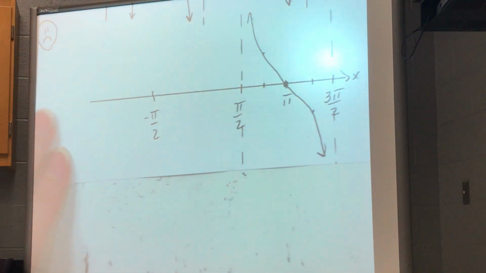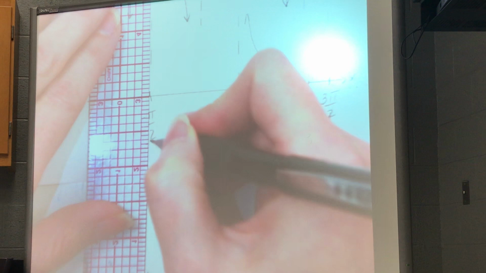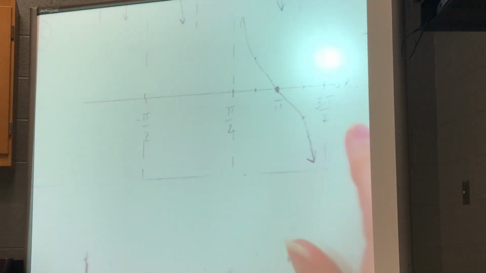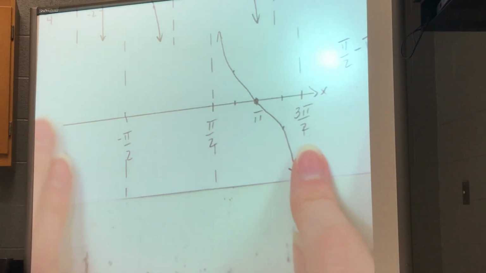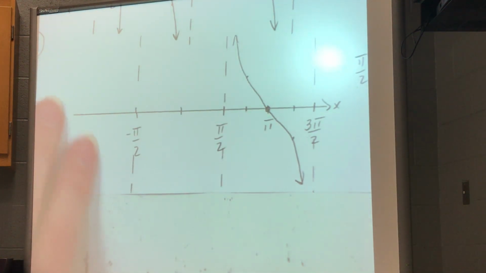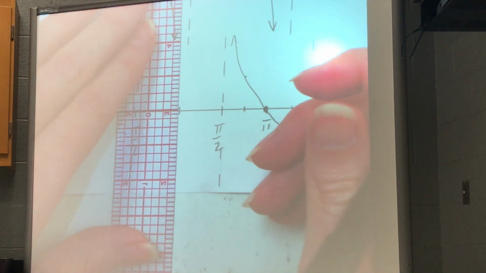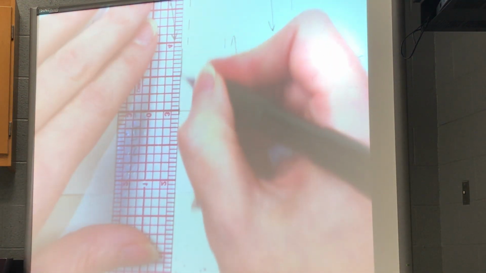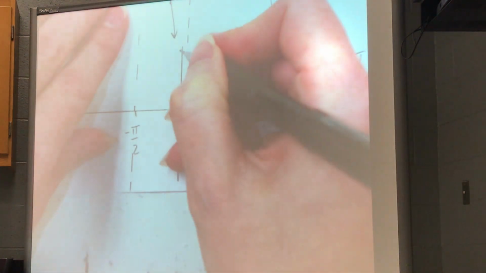Alright, that's going to be a vertical asymptote. My x-intercept is going to be right in between those, which also happens to be 0, which also happens to be your y-axis.